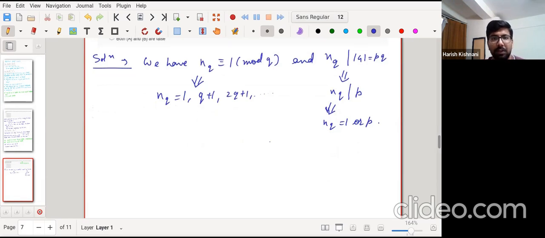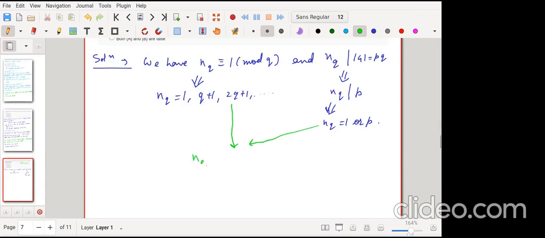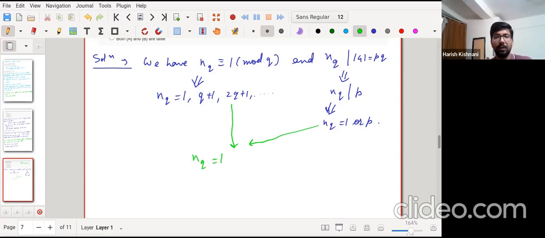So both these conditions imply that NQ can be 1, right? And I will say that NQ cannot be P. Can anyone give me the justification why?